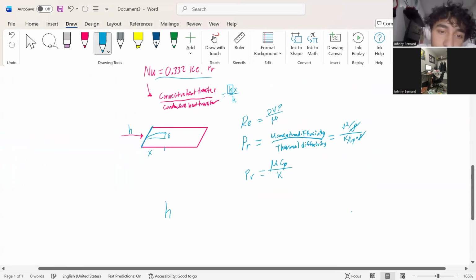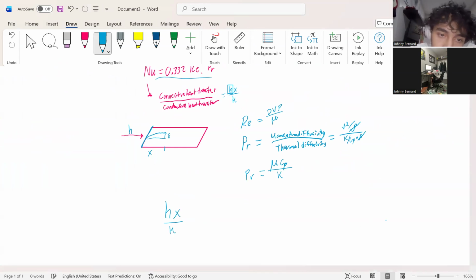we find that hx over k is equal to 0.332 times, we'll put in x for the diameter within the Reynolds number, x times velocity times density over the viscosity, to the 1/2 power, times viscosity times heat capacity over thermal conductivity to the 1/3 power.